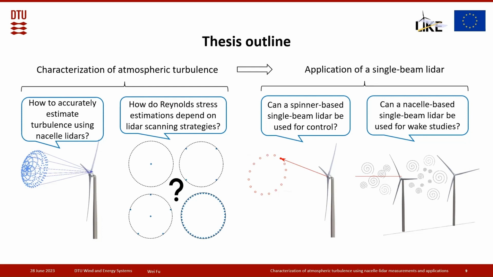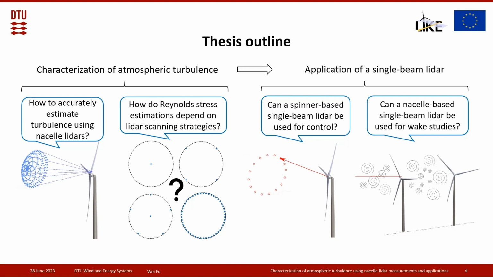Also, we used another approach to eliminate the probe volume attenuation so that we can reduce the systematic error of turbulence estimation from nacelle LiDAR measurement. After the study, we thought even though the spinner LiDAR can be used to accurately measure turbulence, it might be too expensive and too complicated to be widely used in the industry or in general.